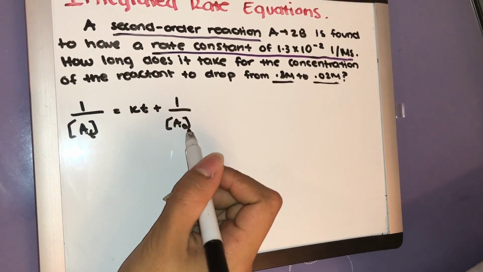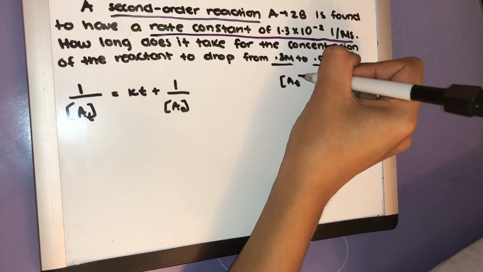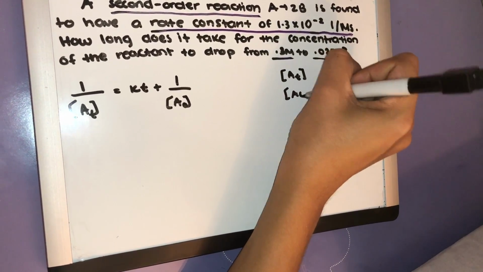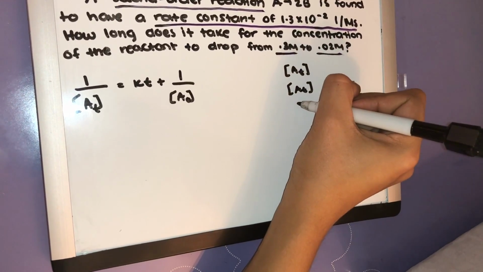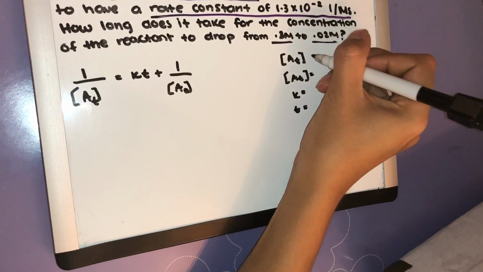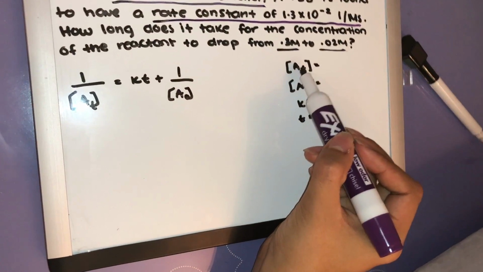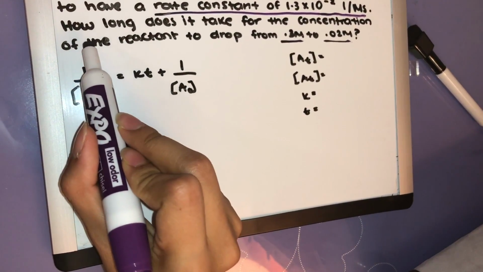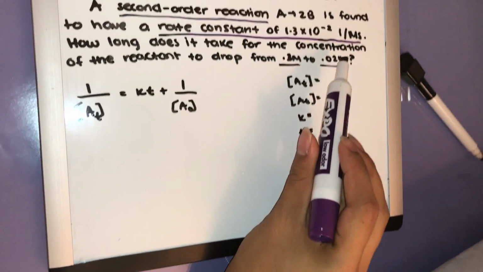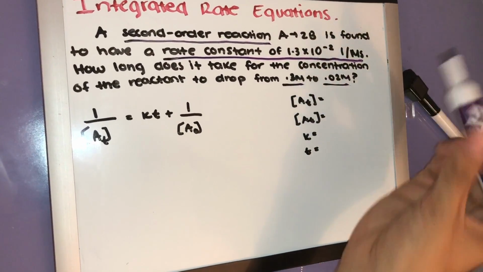Knowing this equation, we can replace these terms with their actual concentrations. So for final, how long does it take for the concentration of the reactant to drop from this to this?